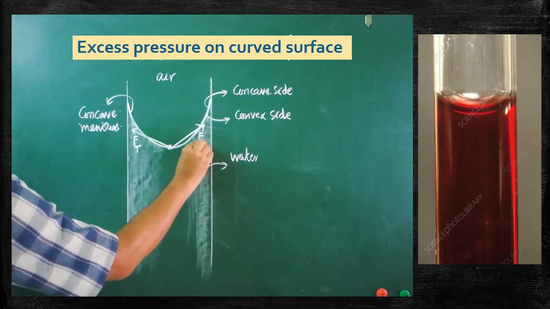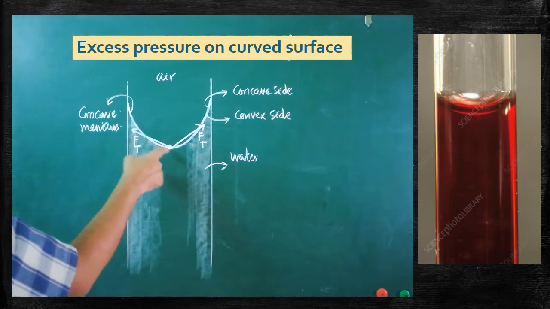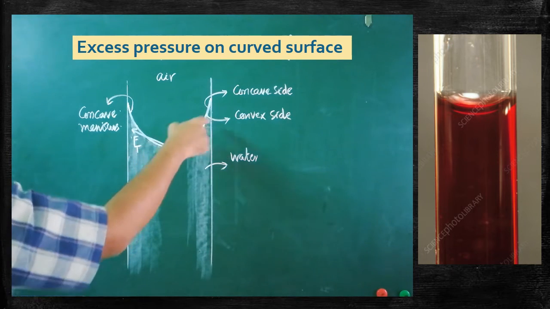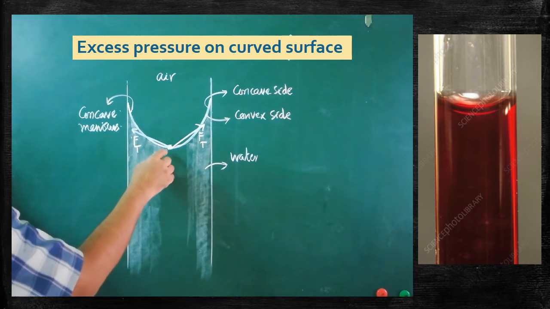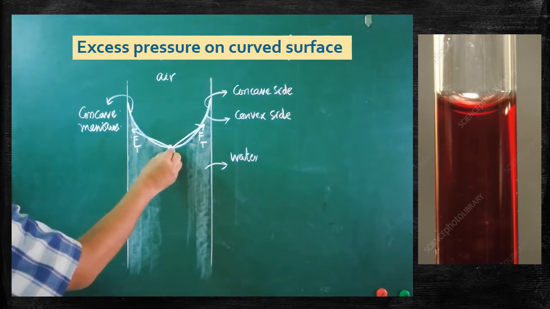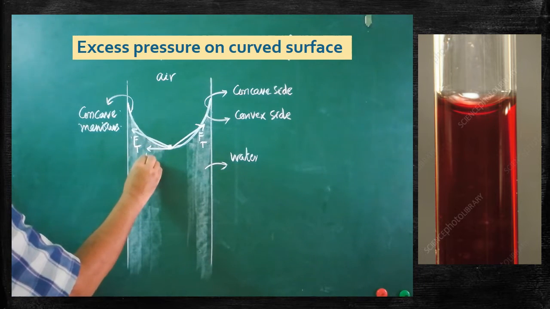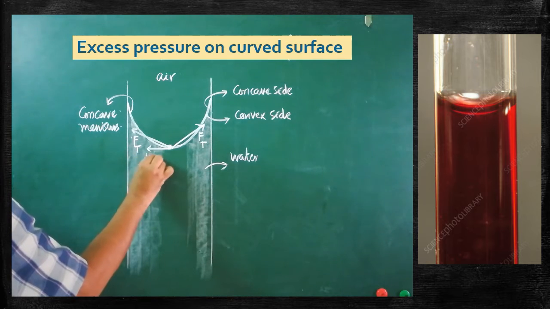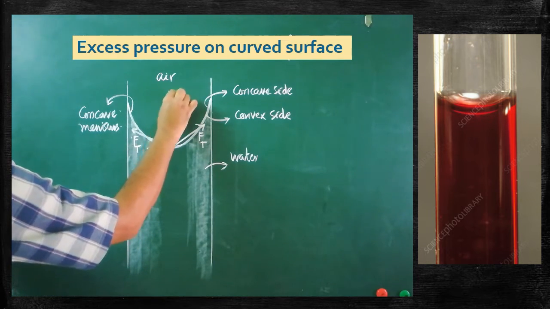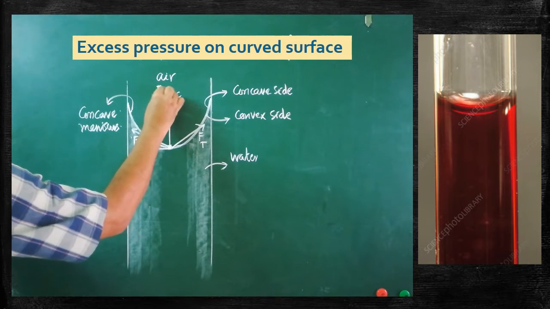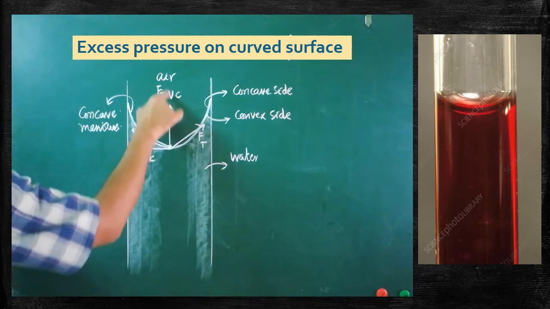This is also called Ft. What is Ft? Force due to surface tension can be called Ft. Both the two forces are acting in this tangential direction. Now this force can be resolved into two components. This Ft can be resolved into a horizontal component and a vertical component. Are you clear? So Ft vertical component can be drawn like this.